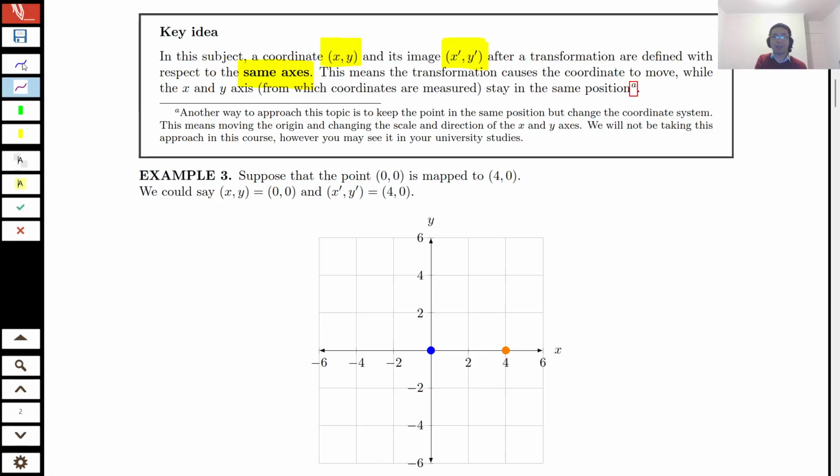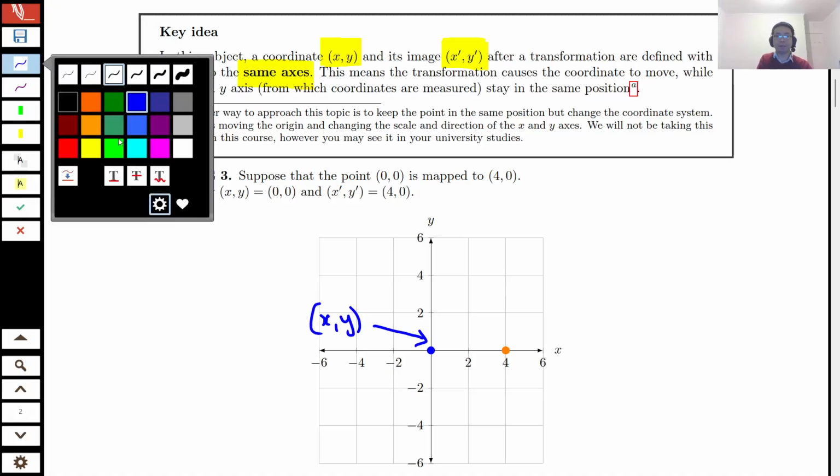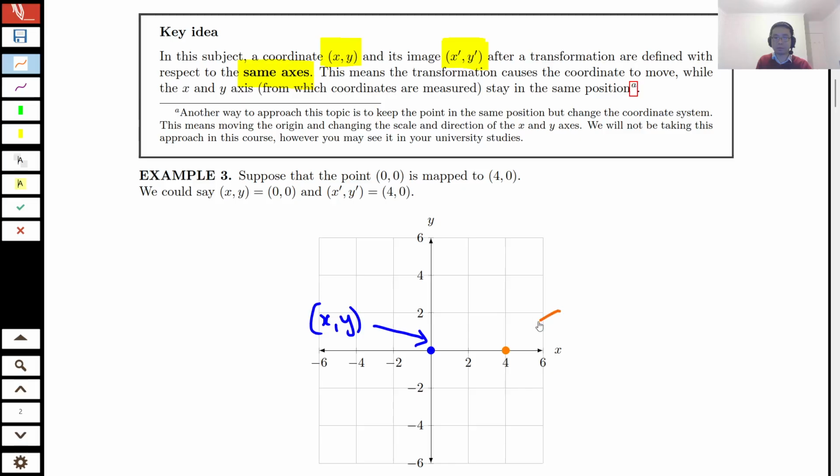So imagine a situation where I have the origin 0, 0. I apply some transformation, maybe moving 4 units to the right, and my new coordinate is x dash, y dash. I want you to add these two to the diagram, please, in your notes.